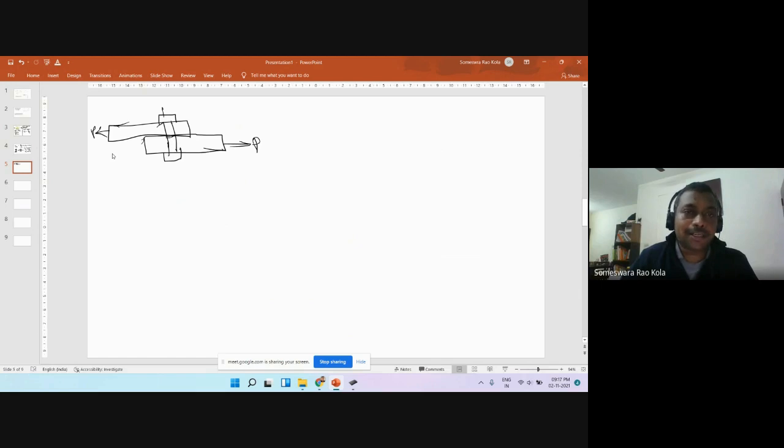Typically in this scenario, let's say this is the nut. We don't provide threads throughout, we don't need to. We can have threads just up to this point. So in this case, nn will be 0, ns will be 1, right? Number of shear planes passing through shank is 1, and through threads it is 0. So we can interpret it that way.